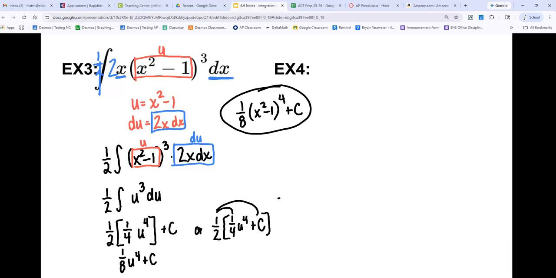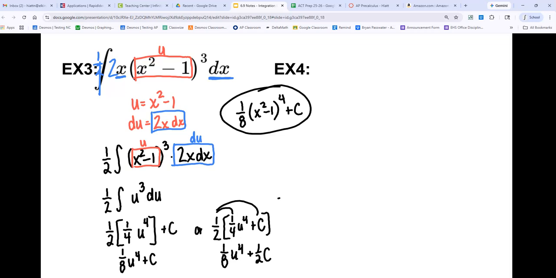Then I should have to distribute, right? And then I should get 1/8 u to the 4th plus 1/2 c. Which is different, right? But what is c? It's an unknown constant, right?